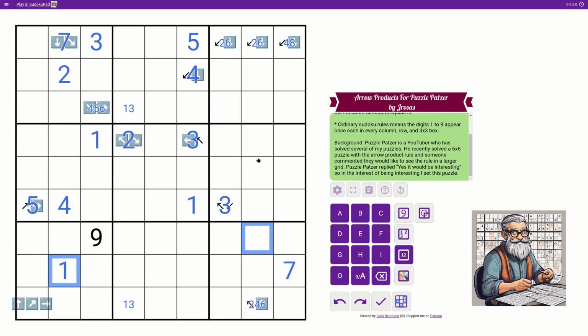So these are now 2, 4, and 6. If I use the 4, then this would have to be 6, and this is 2, 3. If I use the 6, then this would have to be 2, and this would be 1 and 2. That still works. And if this is 2, 1 and 2, and this could be 6, and then it has to be 1 and 6, which is all fine.